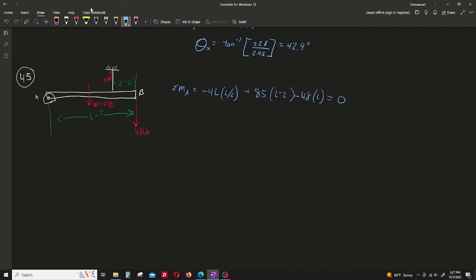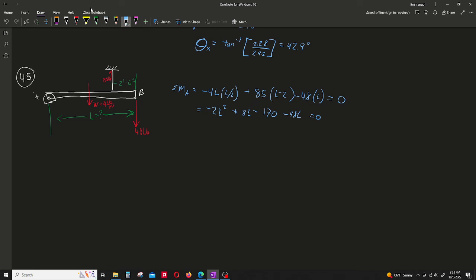After a little bit of arranging, what we will have is minus 2L squared, then we add 85L. We also subtract 85 times negative 2, which is 170. And lastly, we subtract 48L.